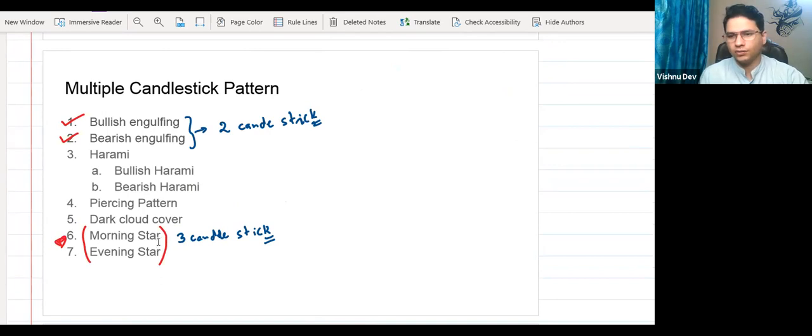Now, in multiple candlestick patterns, we discussed morning star and evening star. Both are three-candlestick patterns. This question is for Rajat: morning star is observed at which point of the trend?